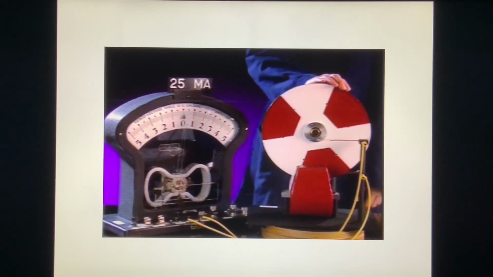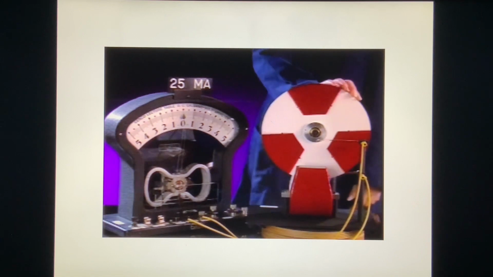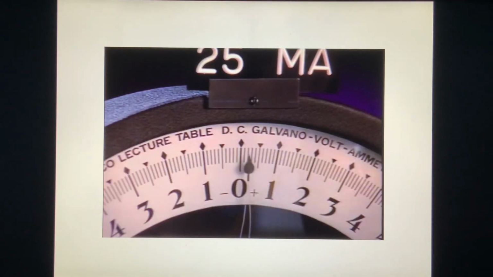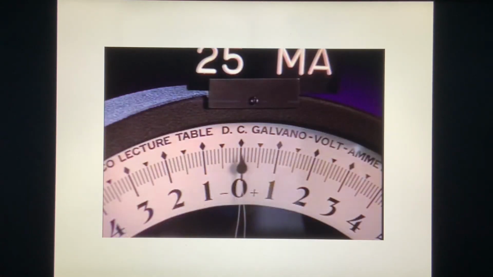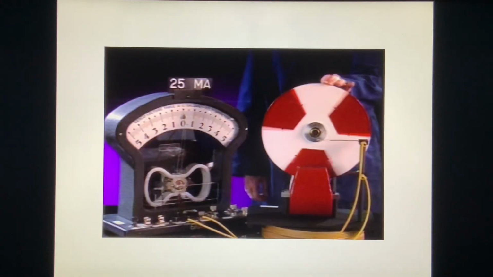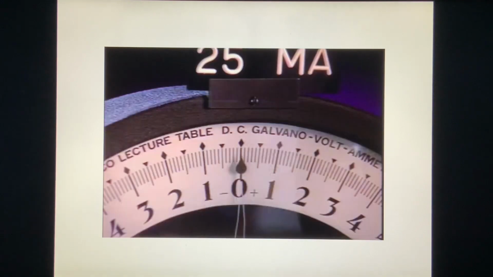As the disc is spun through the magnetic field, a current is generated, as seen on this galvanometer. Increasing the speed of the spin increases the amount of the current. Reversing the direction of the spin reverses the direction of the current.